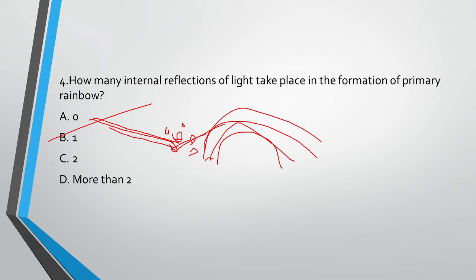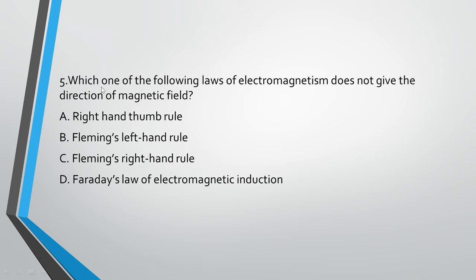Which one of the following laws of electromagnetism does not give the direction of magnetic field? A, right hand thumb rule; B, Fleming's left hand rule; C, Fleming's right hand rule; or D, Faraday's law of electromagnetic induction.